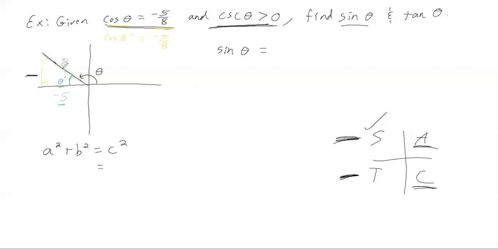C has to be that 8 right there, 8 squared. A and B, it doesn't really matter if you mix them up. I'll call A the -5, and then B will be my unknown side. So that's 25 plus B squared is equal to 64, right? So what do I get whenever I subtract 25 from both sides of this thing?